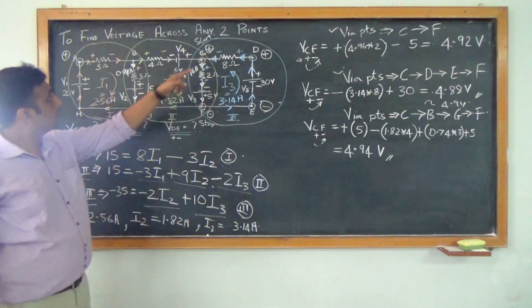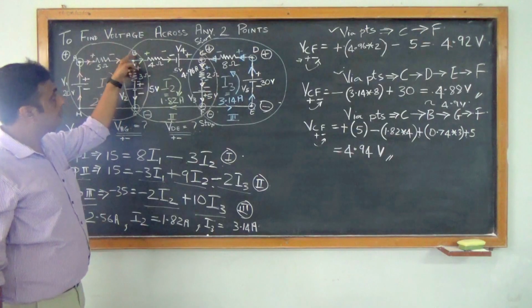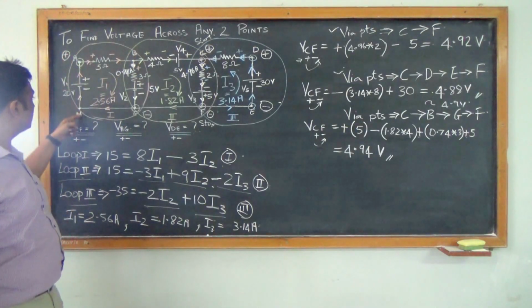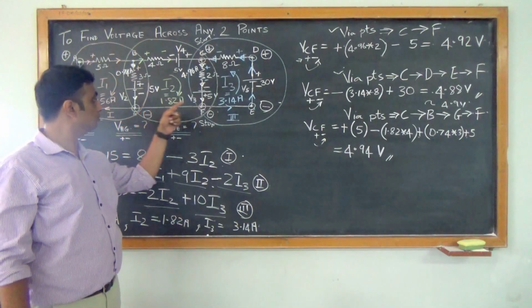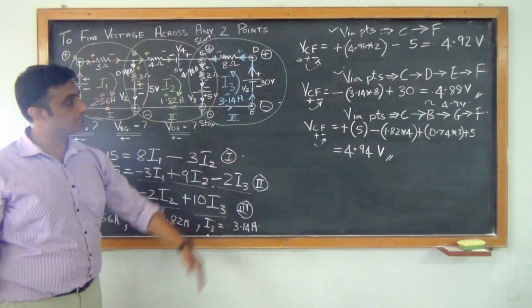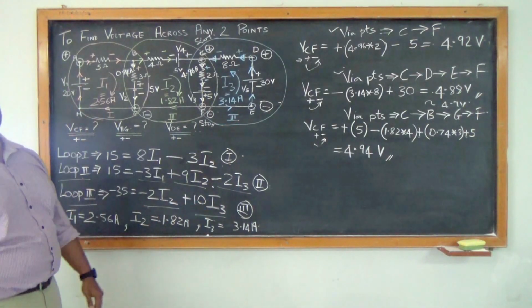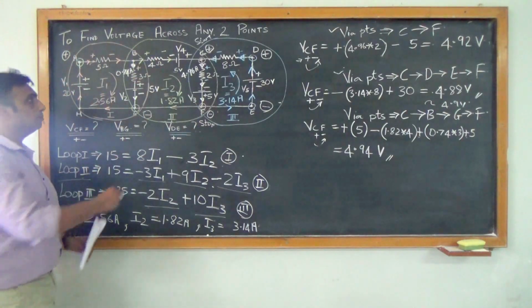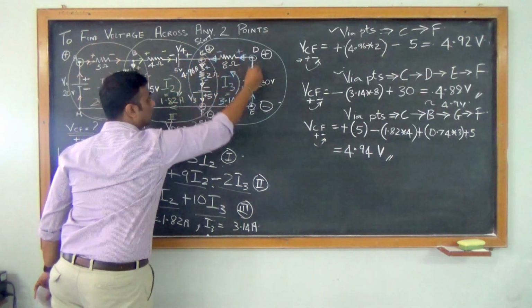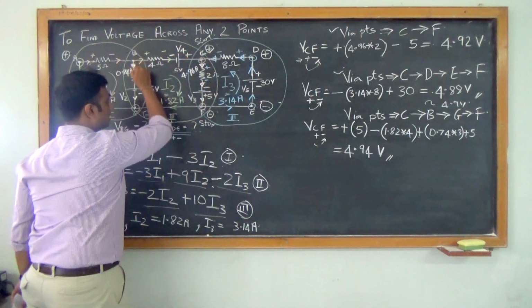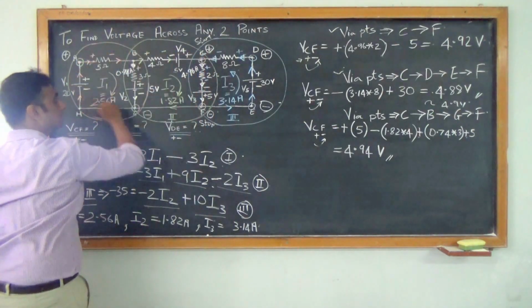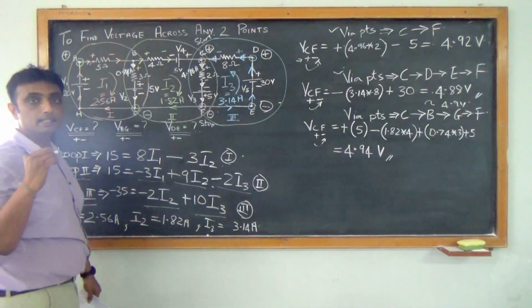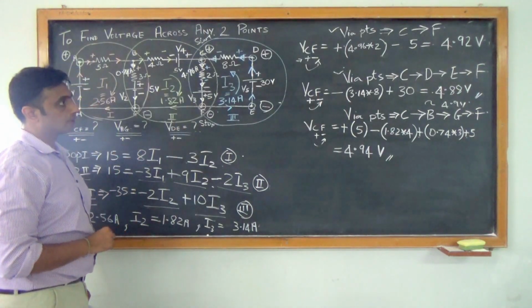You can even take across C to B, B to A to H, H to G and G to F. Still you will get 4.9 volts only. So you can just try it out with this loop as well. No matter if you take this loop or this loop, you will get the same answer.